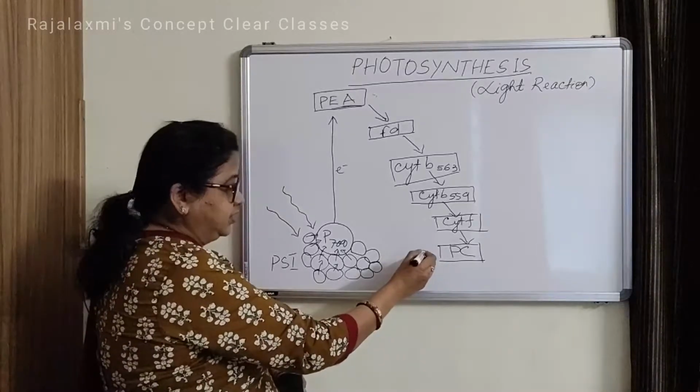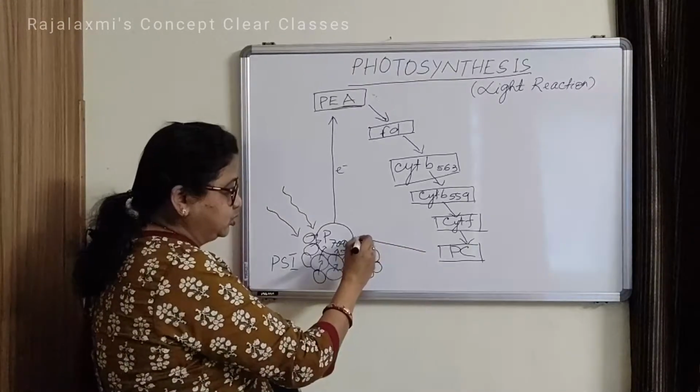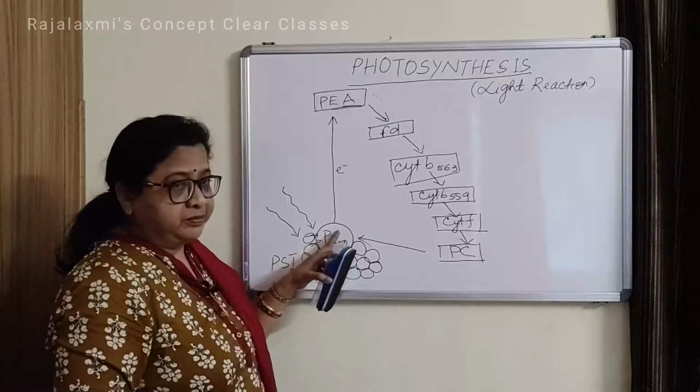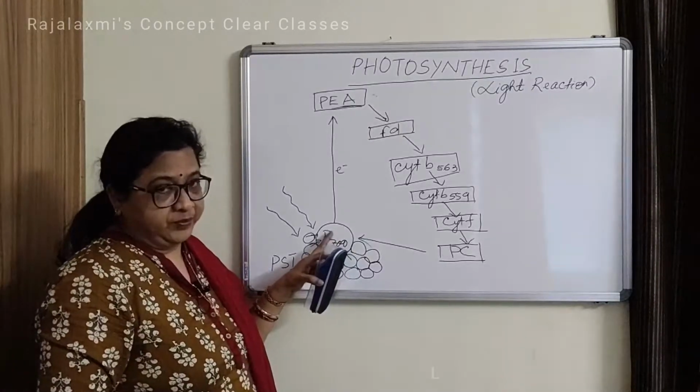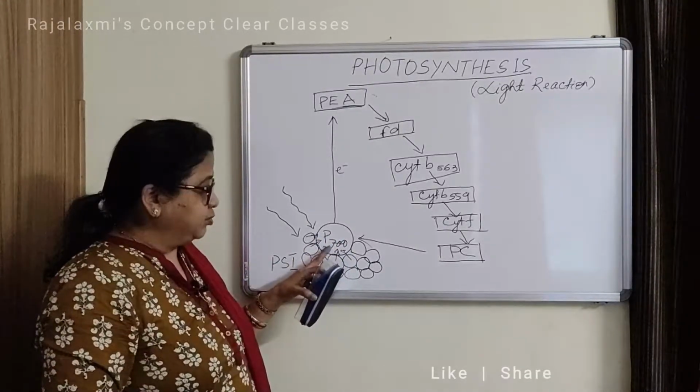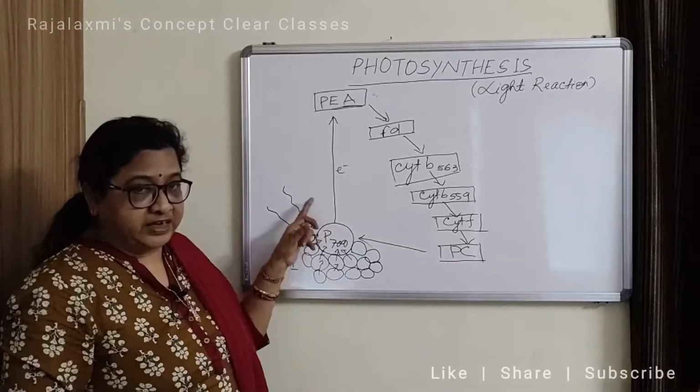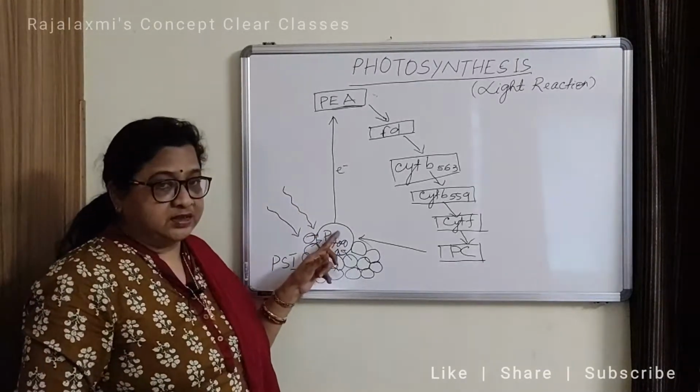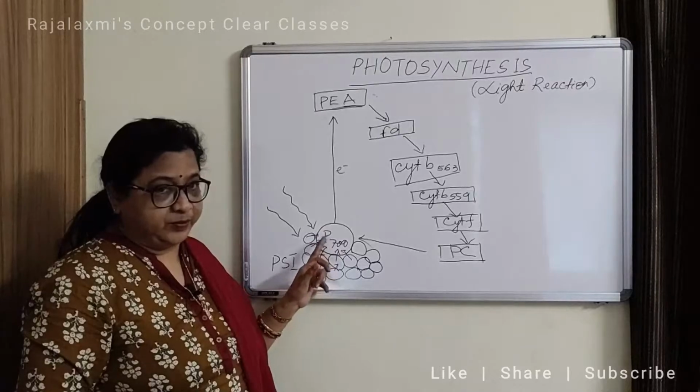From plastocyanin, it returns to the same chlorophyll A molecule. So now the chlorophyll molecule which is excited comes to its normal ground state.